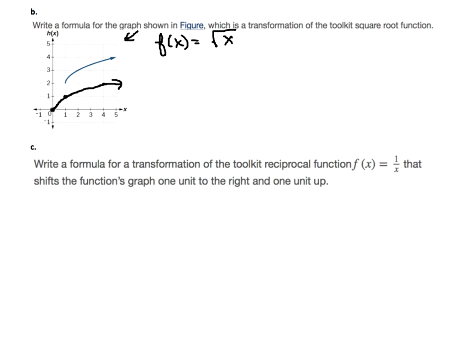So this is a picture of the toolkit function, and they're asking us to write the equation for the transformed function. So notice, we have gone to the right 1 unit, and we have moved up 2 units.